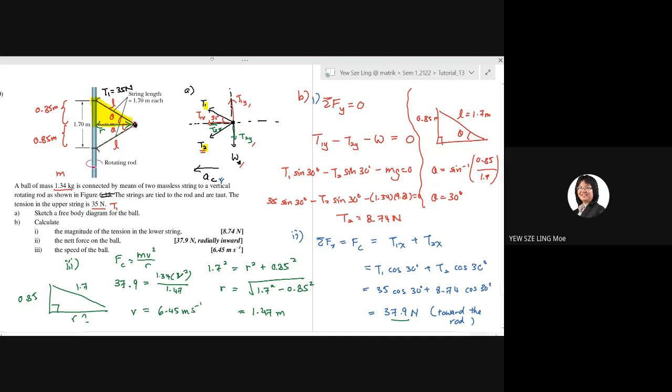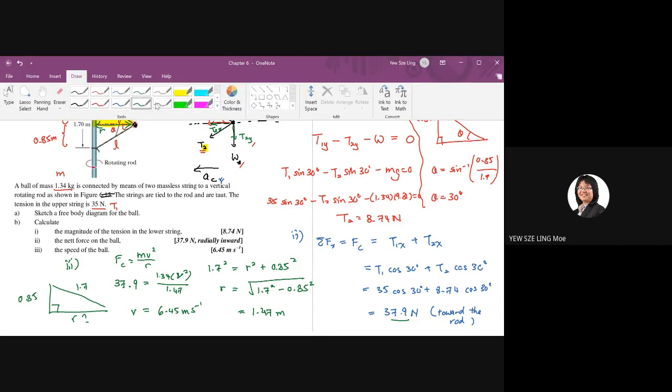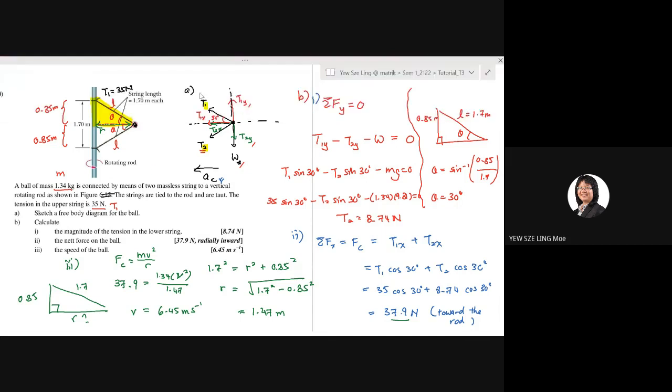The crucial part in this question, the key part, is actually these two triangles, this one and also this one. You need to know how to use them to find r and also to find the angle. You need the angles, you need the r.